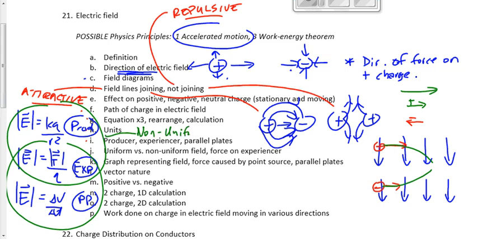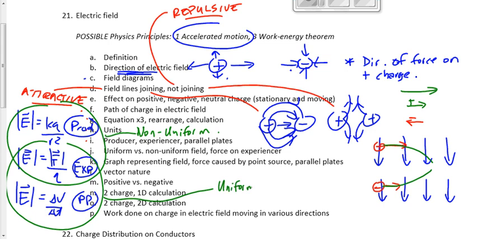This is a producer equation when we have a single point charge. This is an experiencer equation when we know something about what feels the field, but we can use it when we have a non-uniform field. The bottom one is the parallel plate equation. It's valid when we have a uniform field.